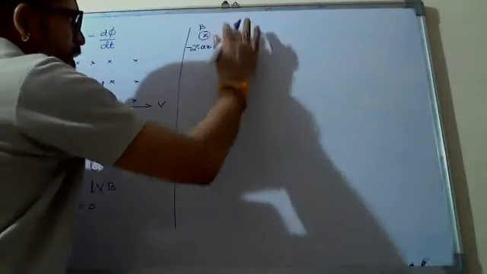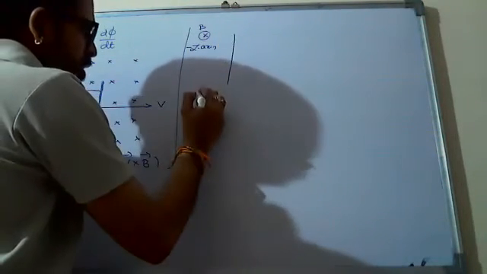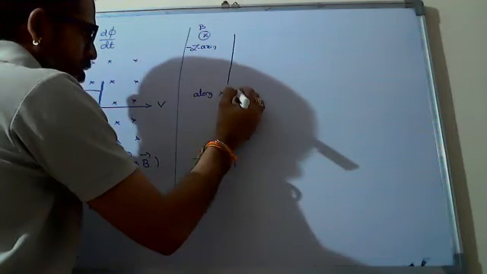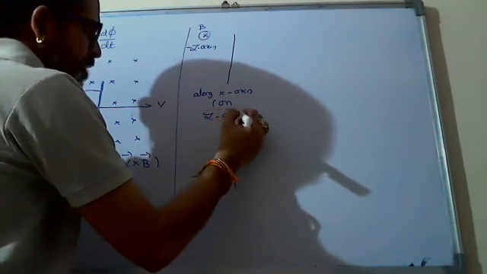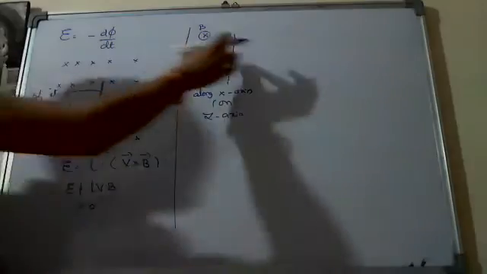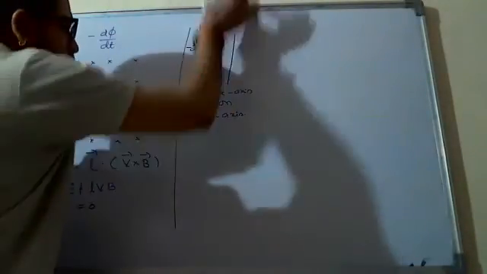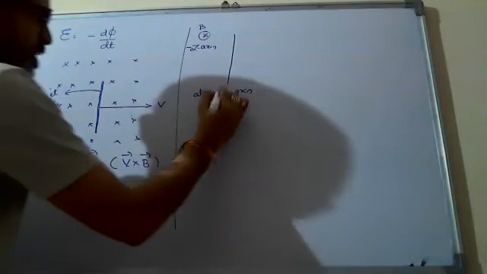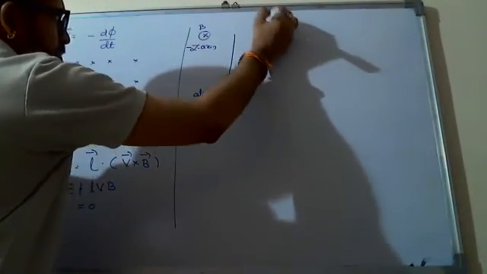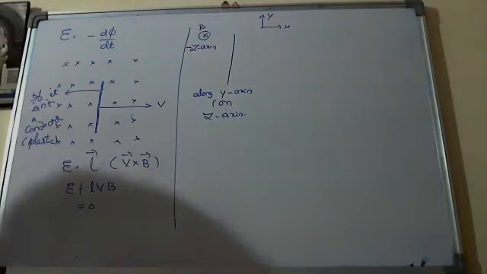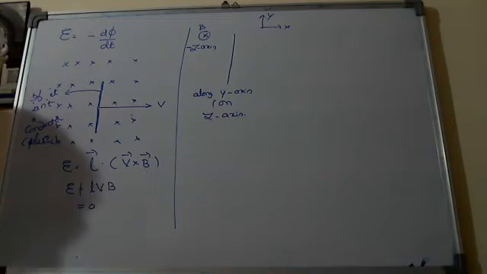And I am trying to pull this rod, either along the Z axis or along the Y axis. These are the coordinate axes. In that case, what is the EMF induced?